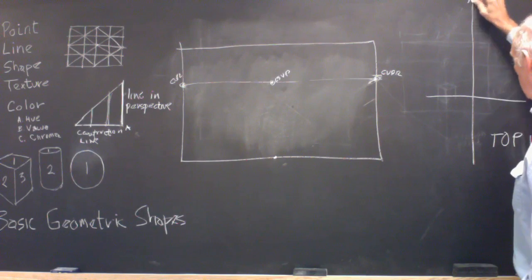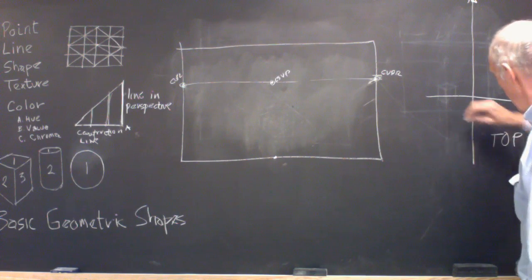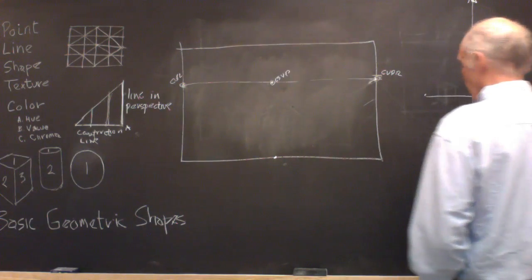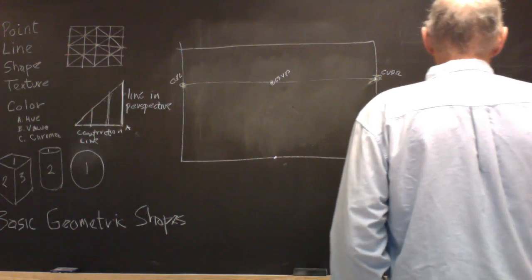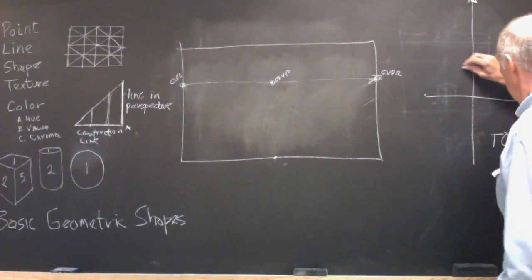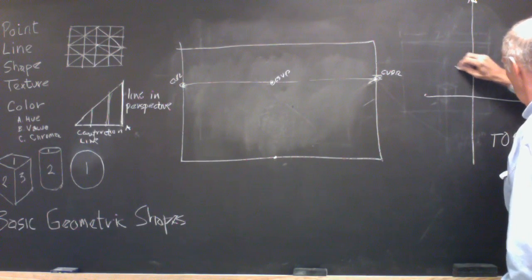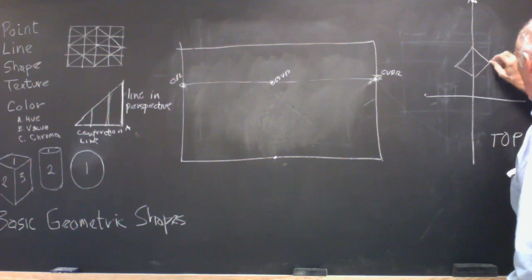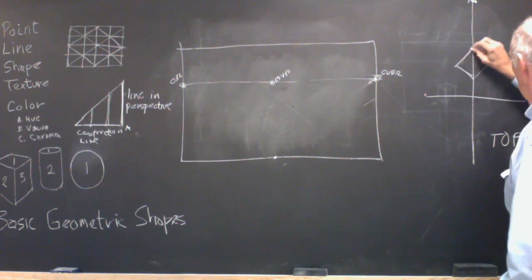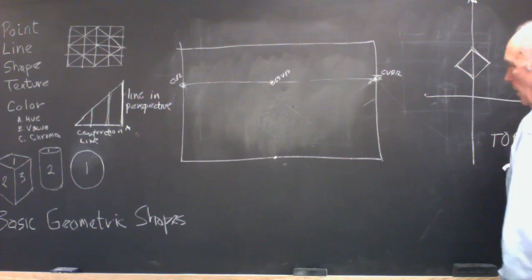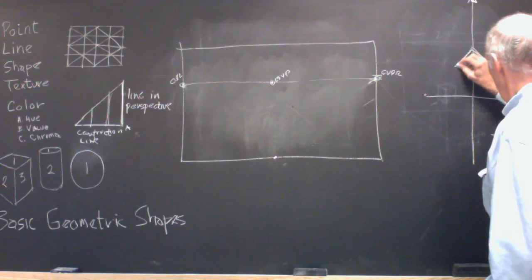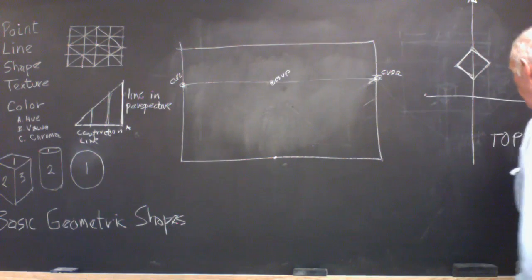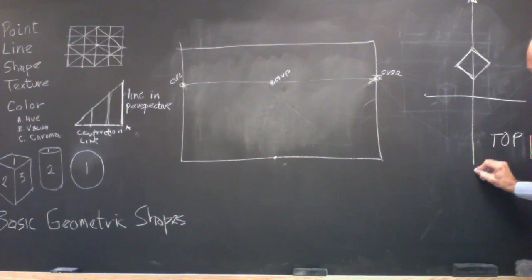This is my line of sight. I'm going to draw a perfect cube. This is my station point.